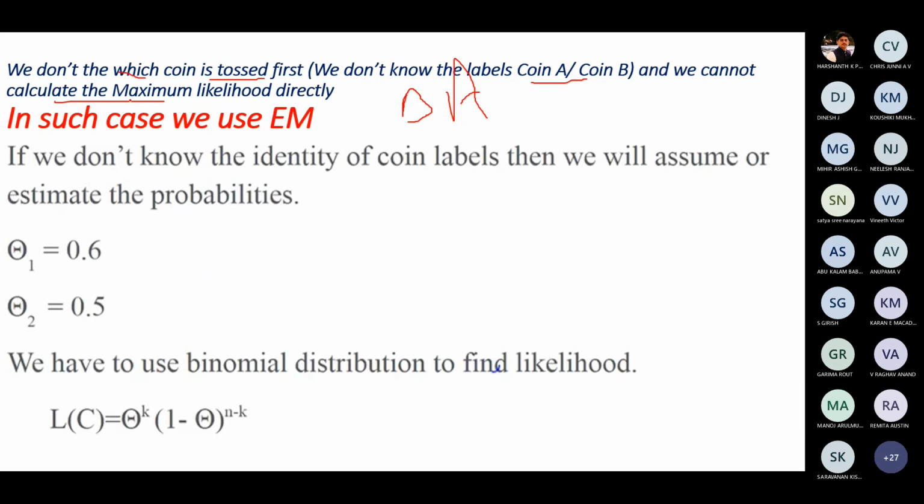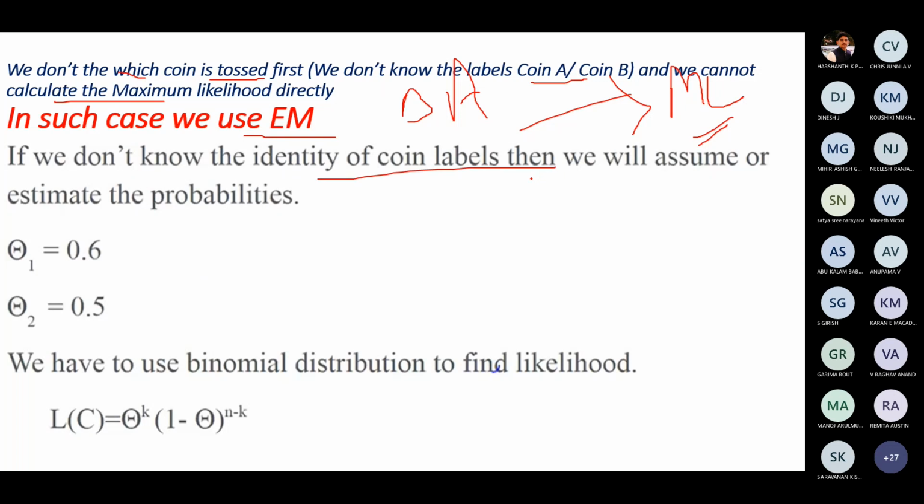In such a case, when we don't know which coin is coming first, whether B, A, B, A, we don't know the sequence of the coin labels. In that case, we use the expectation maximization algorithm to calculate the maximum likelihood if we don't know the identity of the coin.